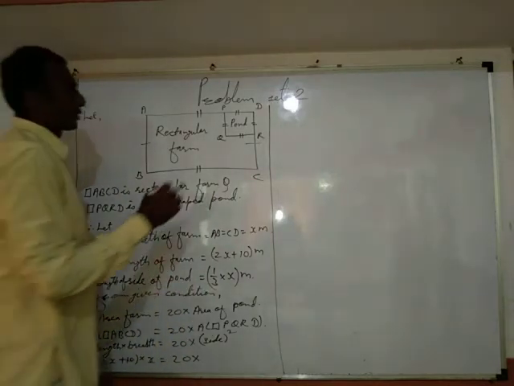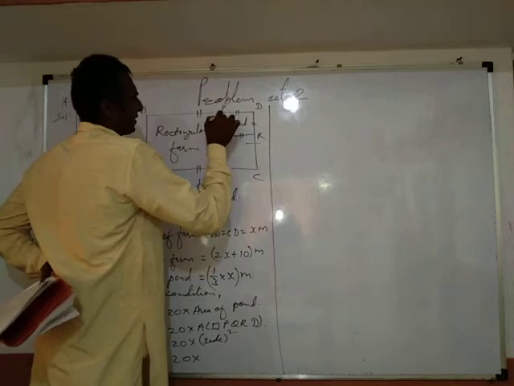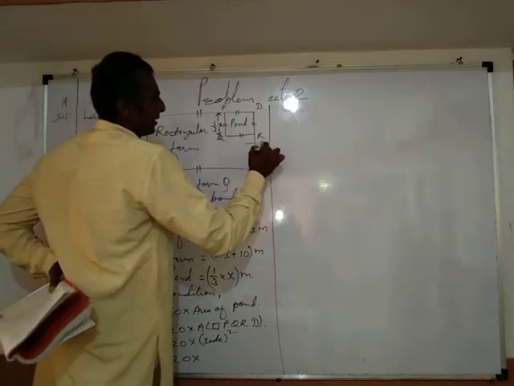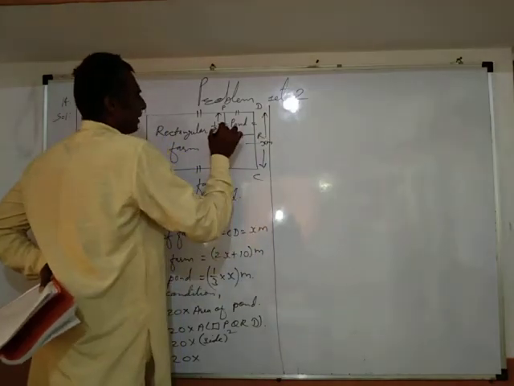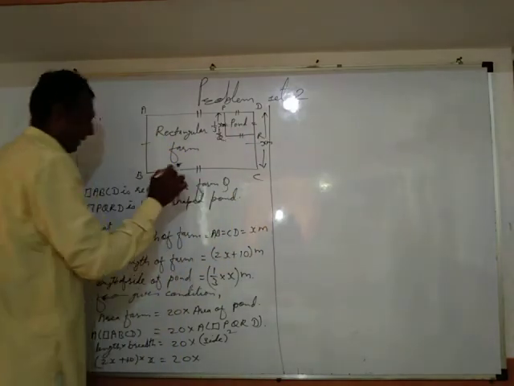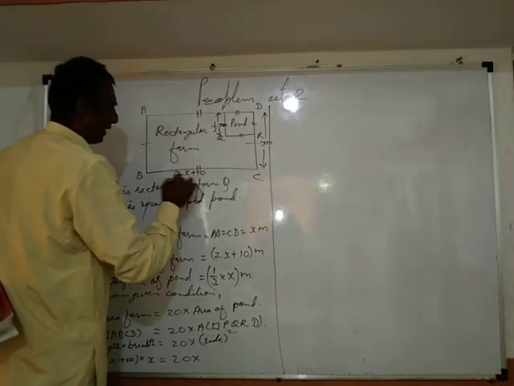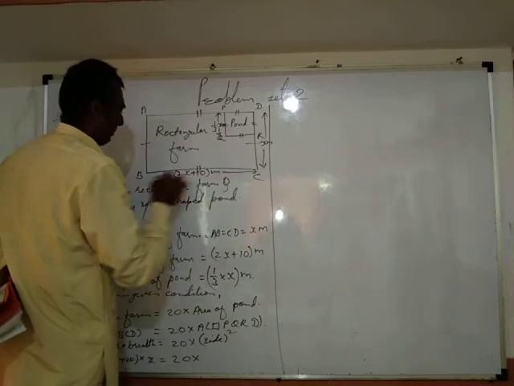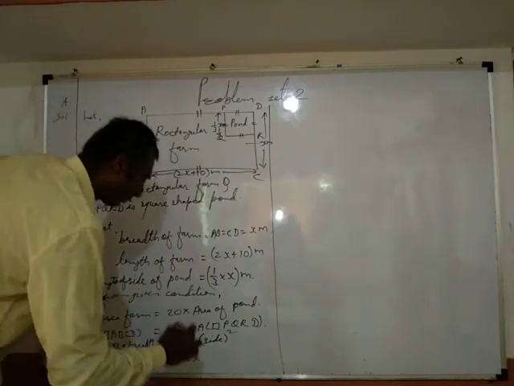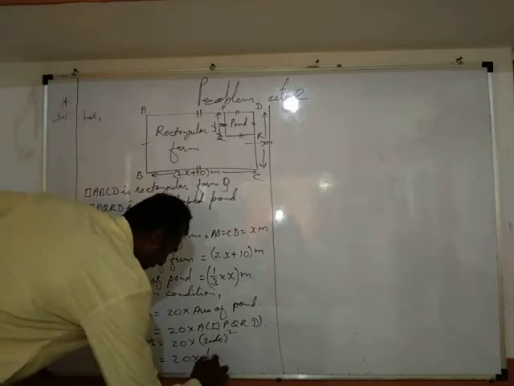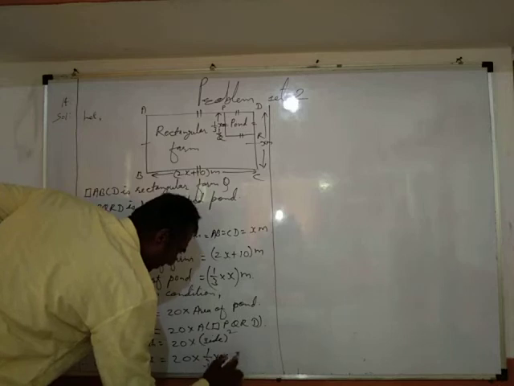Side of square is 1/3 of x meter, and length is 2x plus 10 meter. Okay, 20 into 1/3 of x. Now let's simplify this equation.